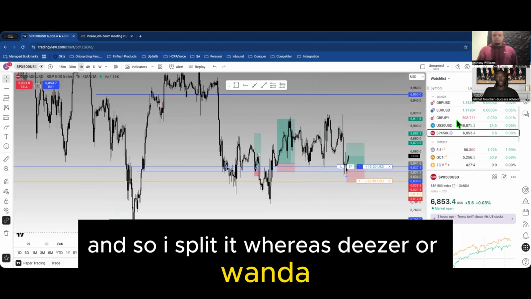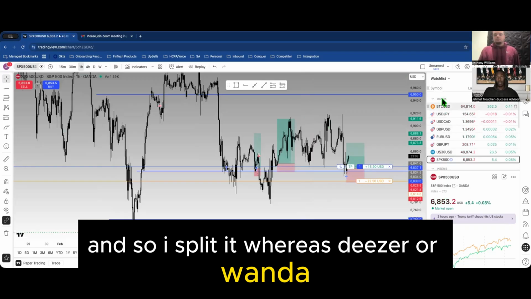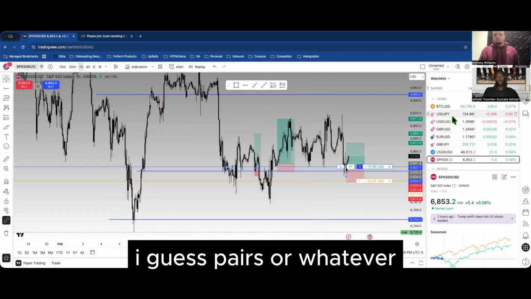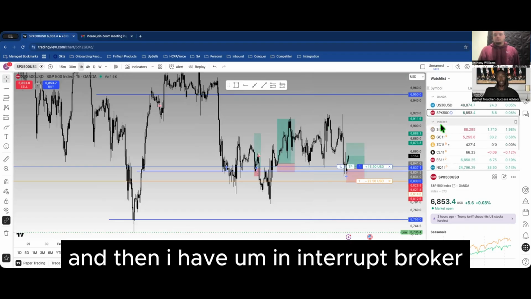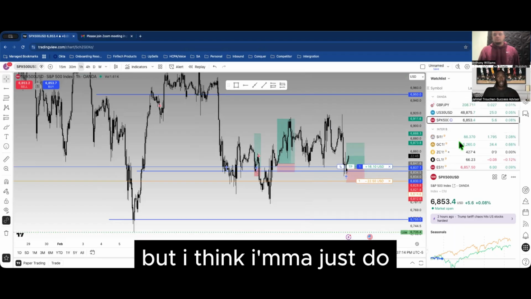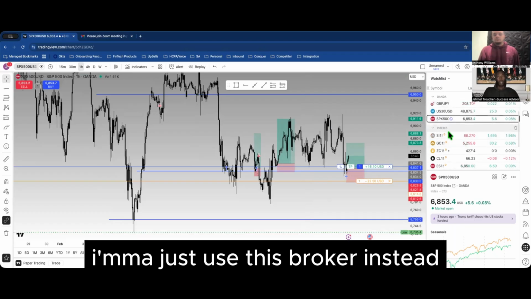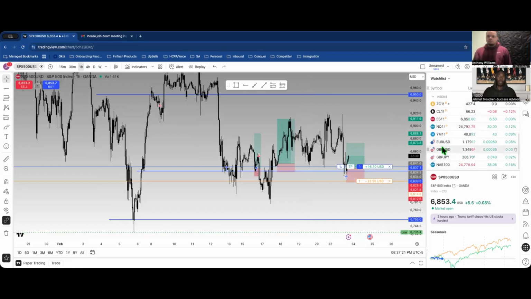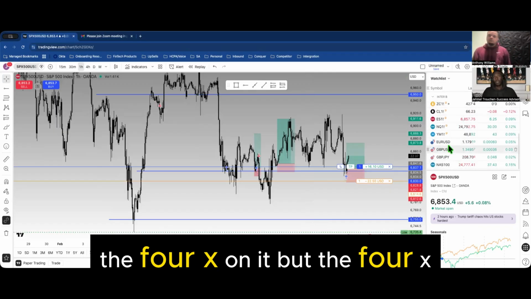And so I split it, whereas these are on the pairs or whatever. Like how we have different ones, and then I have Intuitive Broker. So I have like these with the futures, but I think I'm gonna just use this broker instead because it has futures and it also has the forex on it.